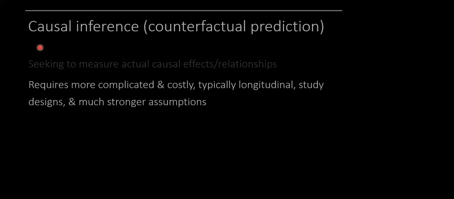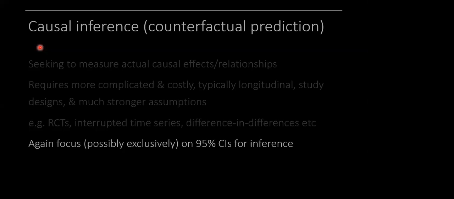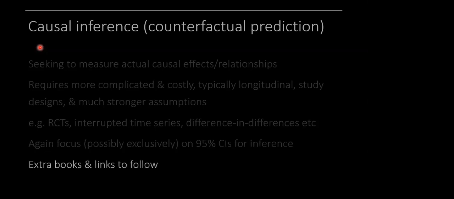I'm not going to go into details here because the focus is on regression, but the kind of studies we're thinking about are things like RCTs, interrupted time series, and difference in differences. And again, we're focusing on inferential measures to generalize the relationships that we're estimating to some target population that we've sampled from. And again, I'll provide some materials relating to that.